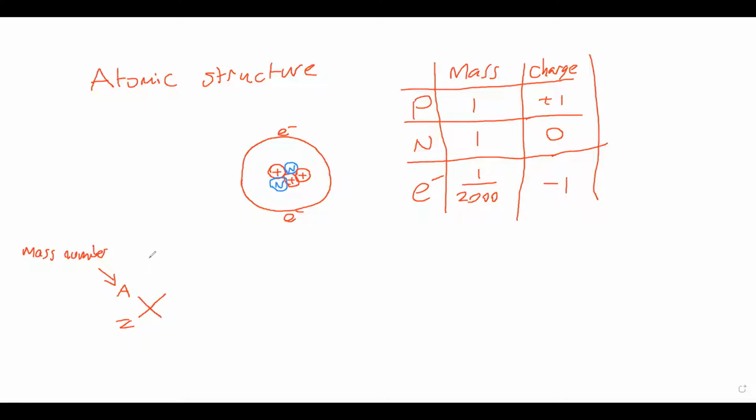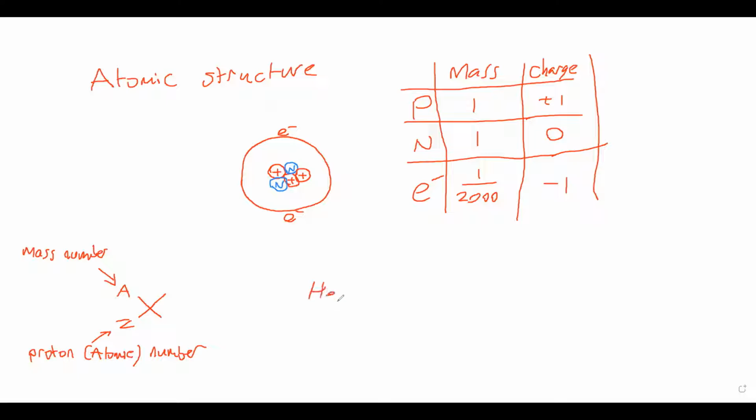This includes protons and neutrons all added up together. The number below, the smaller number, is our proton number or our atomic number. And as the name suggests, this is going to tell us how many protons we have within that element.